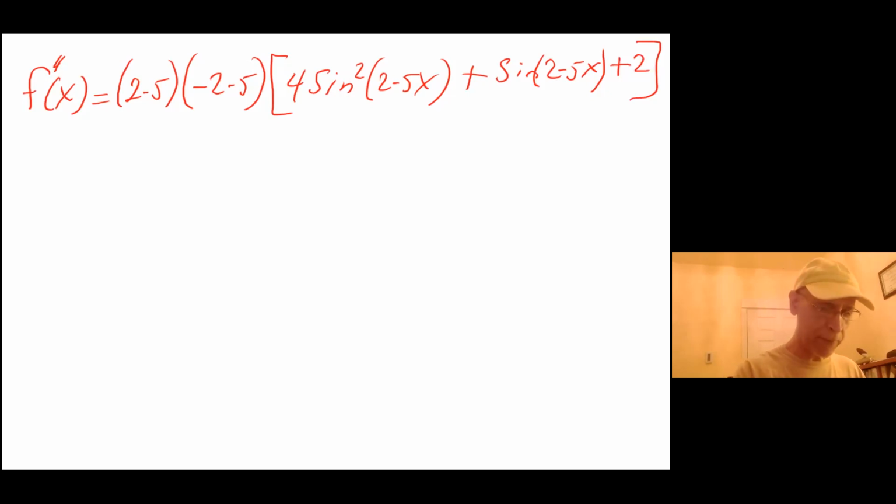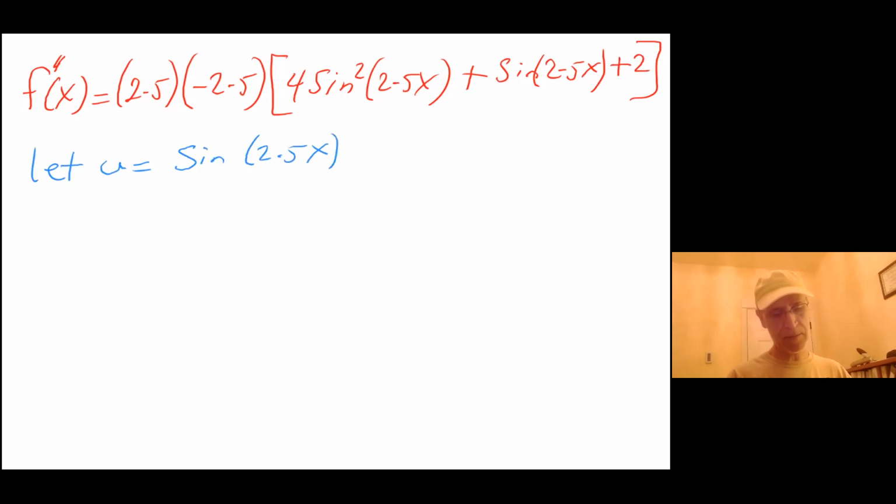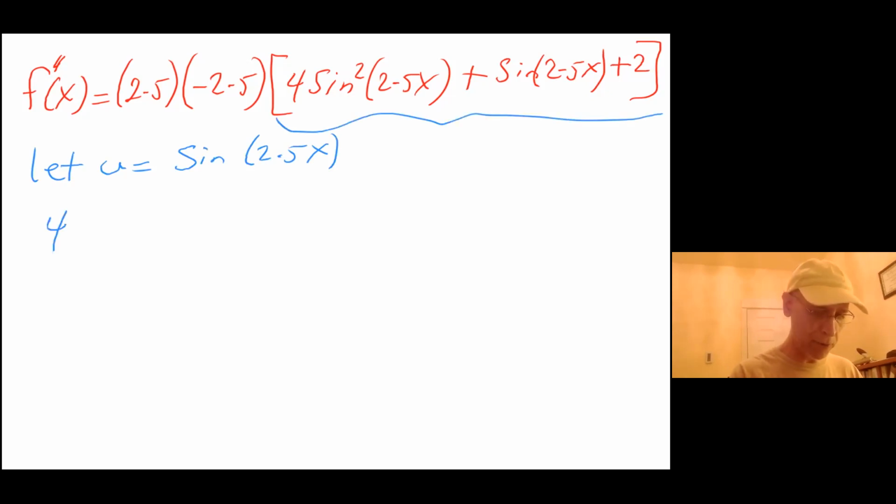So let's say let u equals sine of 2.5x. Now, if I make that substitution, I can rewrite this as 4u squared plus u minus 2 equals 0.